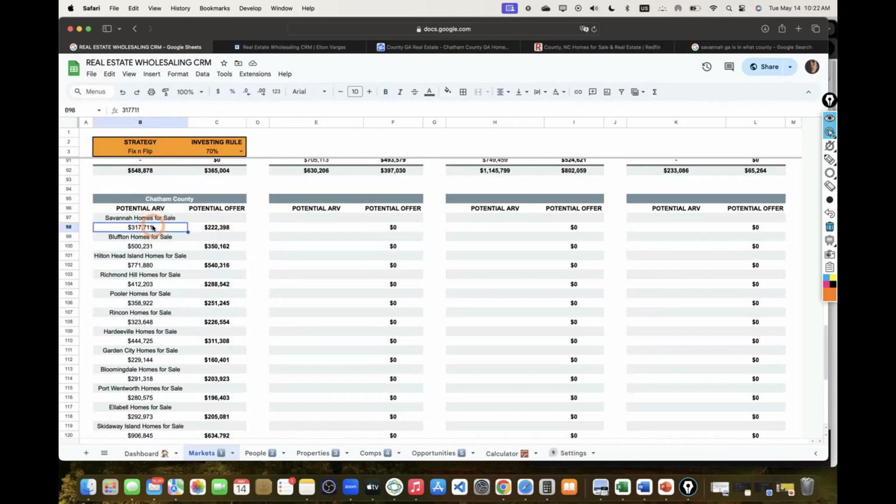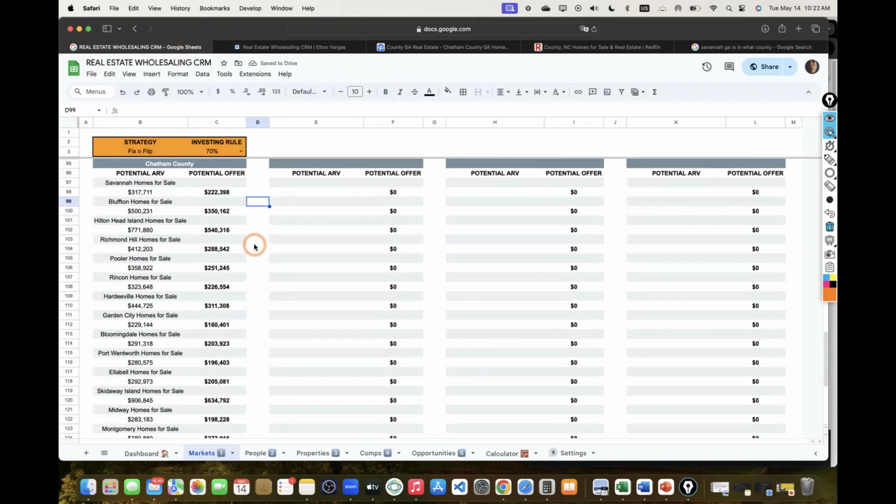So if properties in Savannah are selling for $317,000, I have to look for properties that are $222,000 and less, if I'm trying to make a fix and flip deal. If I'm trying to buy and hold, then the price point is going to change on my potential offer. As you guys see, it went up by $32,000 just by changing the strategy.